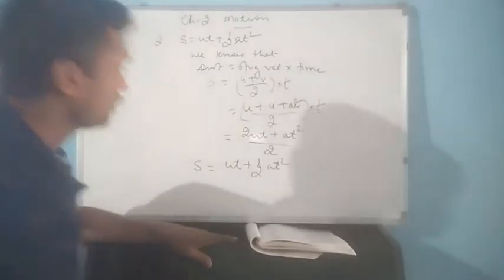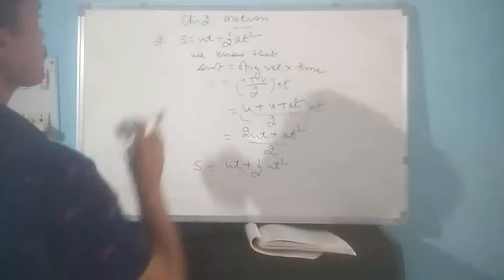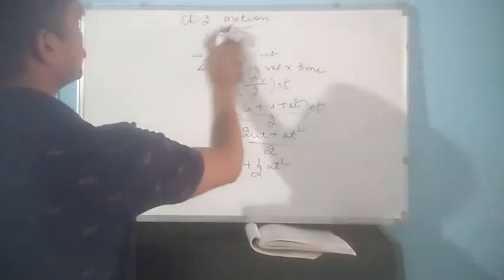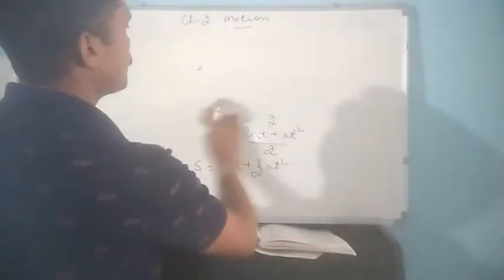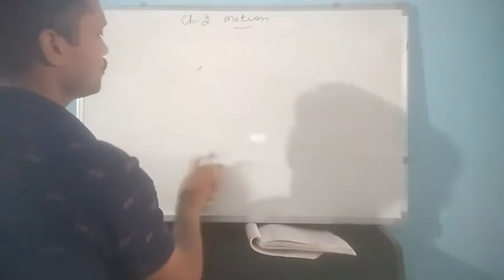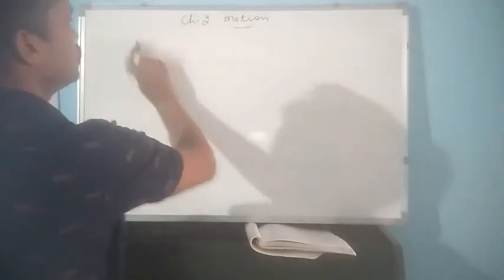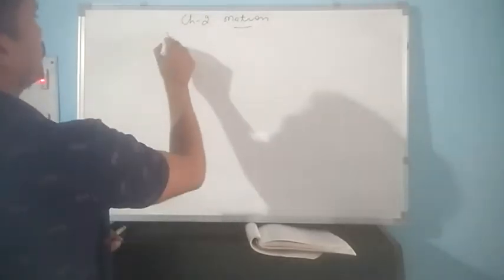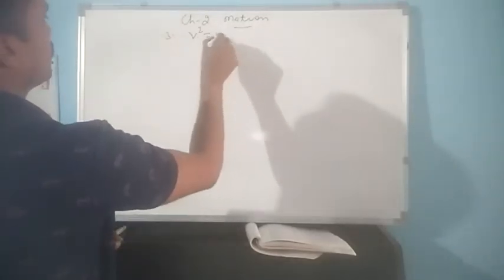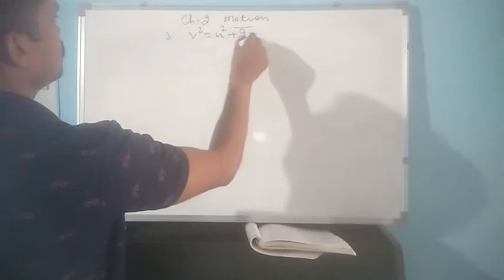Coming to the third equation of motion. The third equation of motion is v square equal to u square plus 2as.